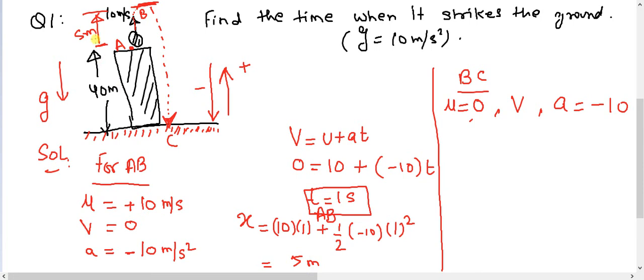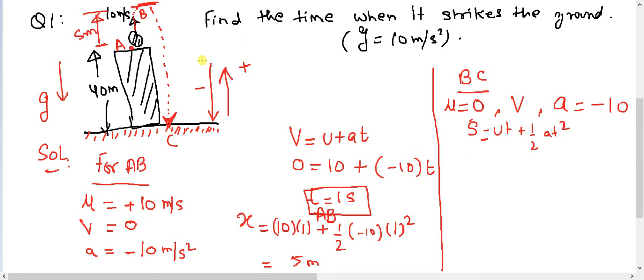So total distance traveled from B to C will be 45 meters. So we'll calculate it here. S = ut + half at square. These can be applied anywhere between 2 points.